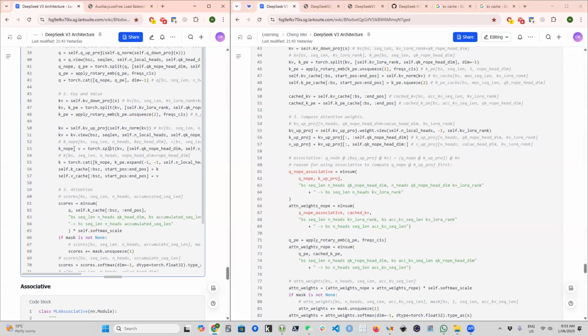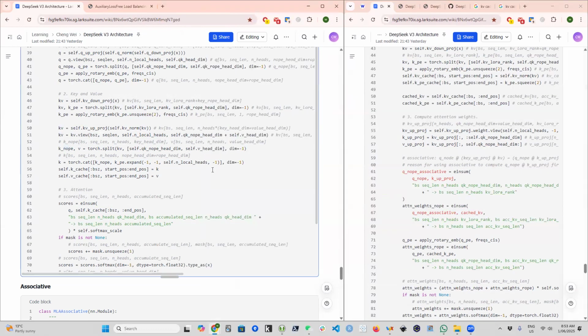Then we split out the K, and the K we concat. So this K is already multi-head, right? Multi-head consists of the no-position-encoding part and the rope encoding part, right?